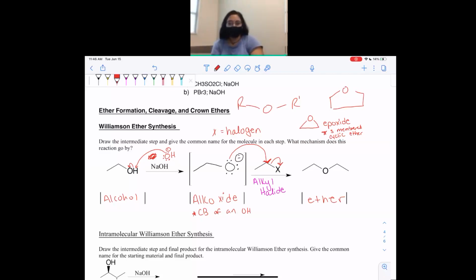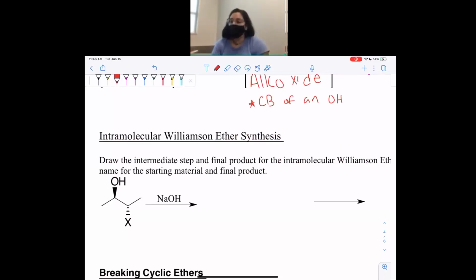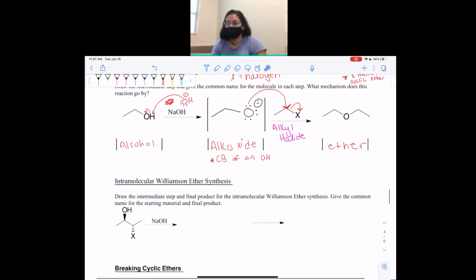If not, we are actually going to do one more example like this, except we are going to do an intramolecular Williamson ether synthesis. So, we know we have an intramolecular reaction when the nucleophile and the leaving group are on the same carbon.